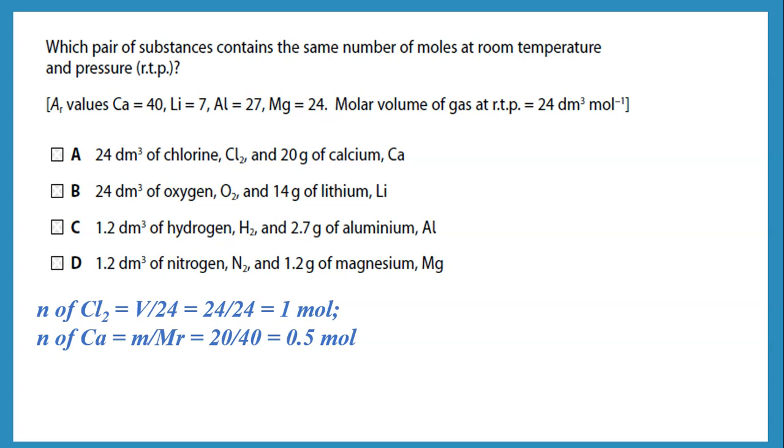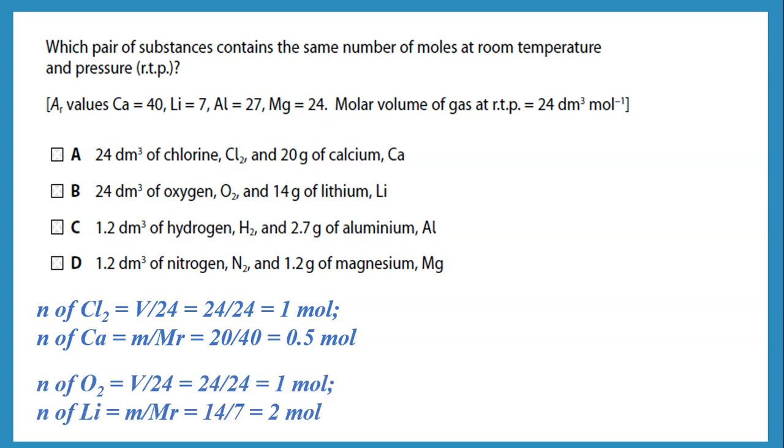So let's see choice B. Choice B is talking about oxygen, 24 decimeter cubed of oxygen. Again, that means 24 over 24, that's 1 mole. And then I have 14 grams of lithium. We use mass over molecular mass, and the mass number of lithium is 7. So that gives 2 moles. Again, they're not the same.